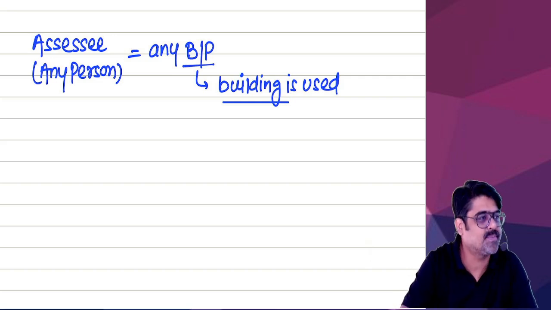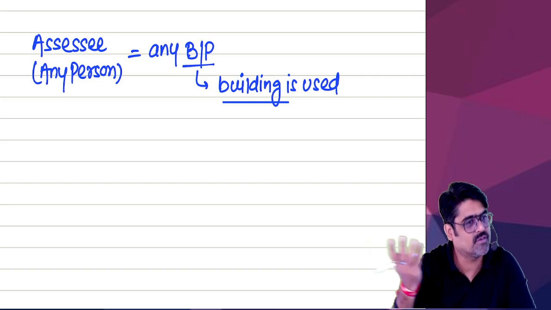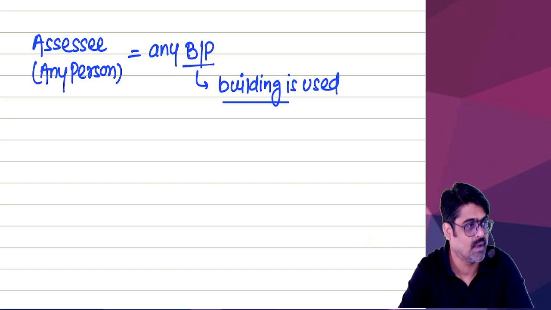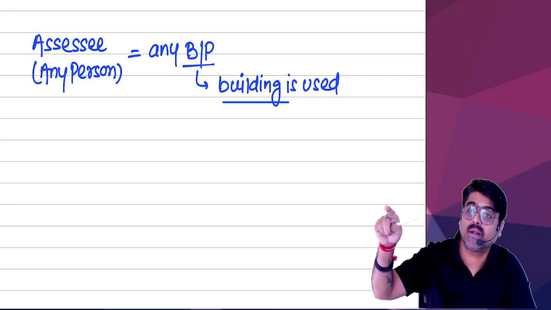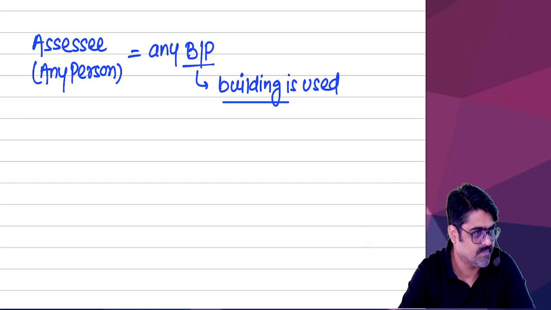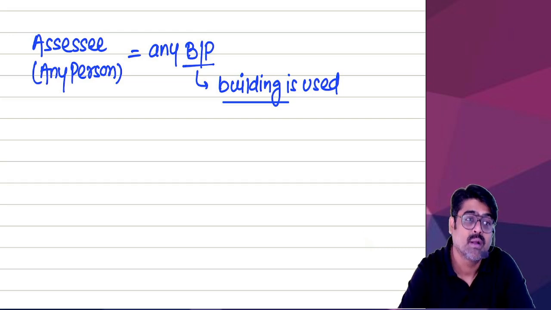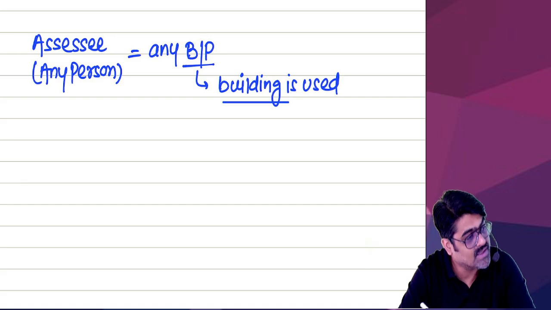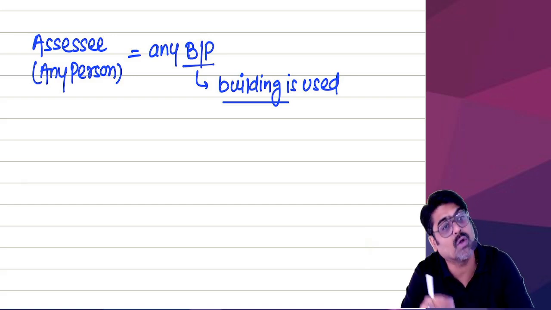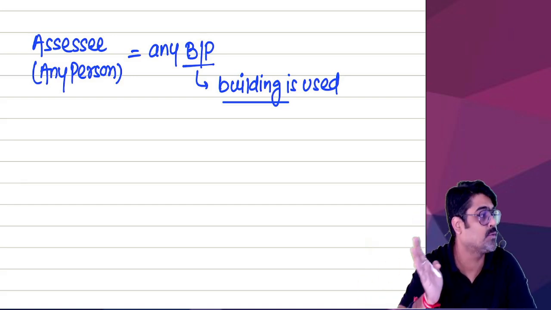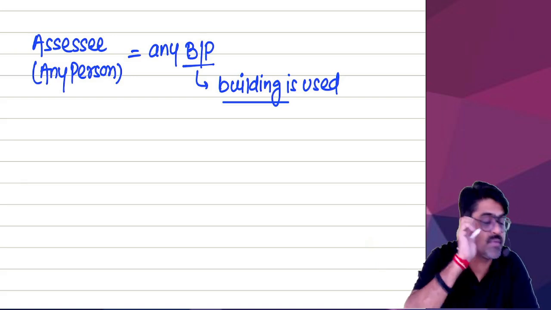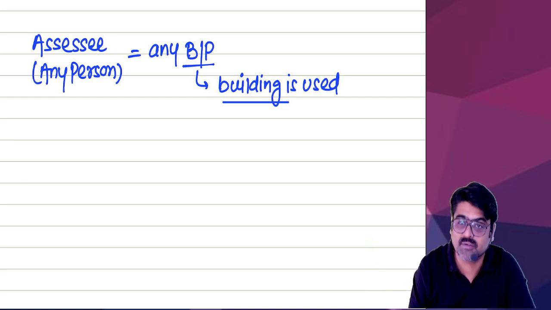So any expenses which you incur on this building, and the building which is used for business or profession, are expenses related to your business only. Why? Because these are the expenses which are incurred on that building which is being used for the purpose of your business or profession.